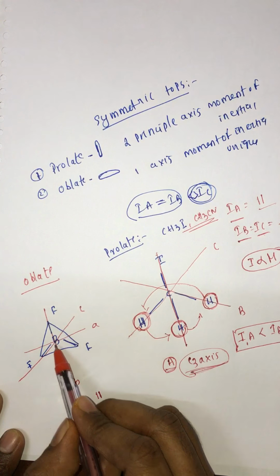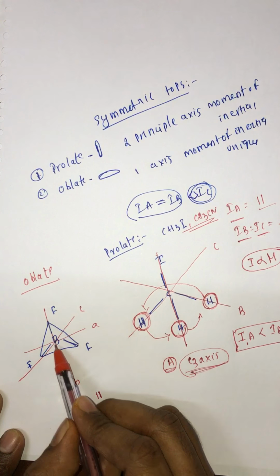In case of symmetrical top, no moment of inertia is zero, so all moments of inertia are microwave active. Here we have two moments of inertia. If you take a prolate molecule, we have IA and IB and IC, two moments of inertia, and they are both microwave active, and in case of oblate also we have two moments of inertia, which are also microwave active. So this is about the symmetrical top.